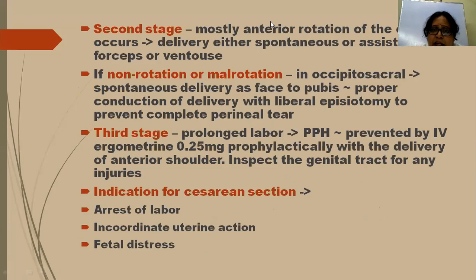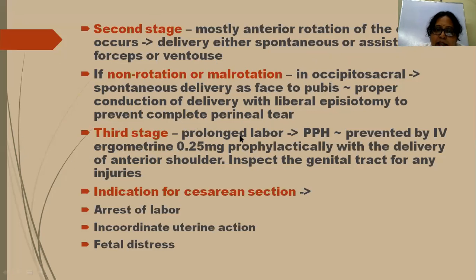During the second stage, mostly anterior rotation of the occiput will occur. It will deliver either spontaneously or by assisted forceps or ventouse. In case there is non-rotation or malrotation as in occipitosacral position, spontaneous delivery as face to pubis might occur, and in case of a face to pubis delivery, we have to give a liberal episiotomy to prevent any perineal tears.